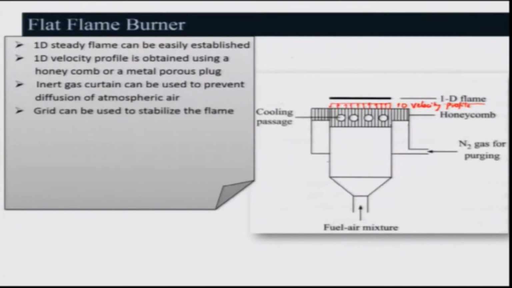As I told, the grid is used to stabilize the flame, and as the flame is one dimensional in nature, you can take a photograph of this flame, and then by carrying out a mass balance, one can easily find the laminar burning velocity.